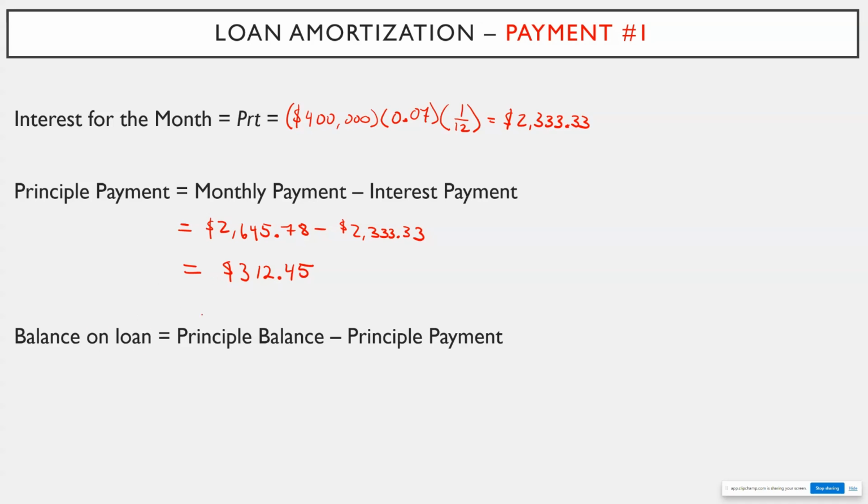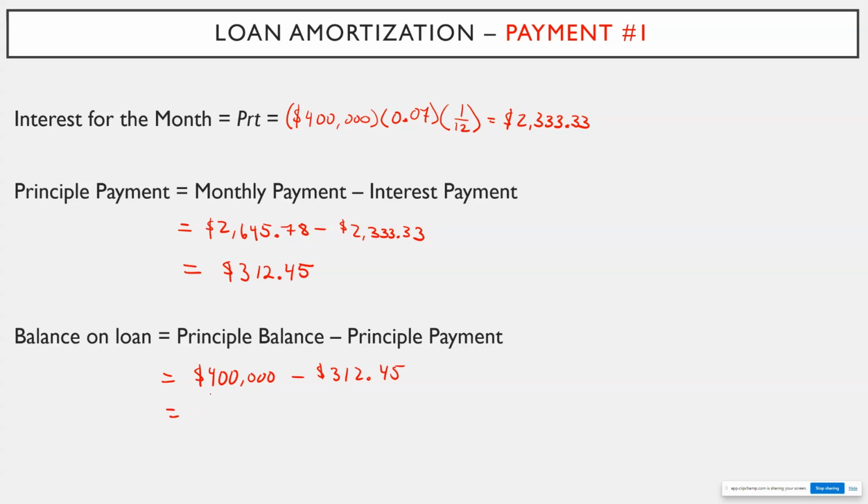So now what is the balance on the loan? Look, the interest was what we owed the bank for servicing and lending us the money for the mortgage. The principal payment is how much we've paid toward our principal. Our principal was $400,000, that's what we started with. Subtract away $312.45, the principal balance minus the principal payment.